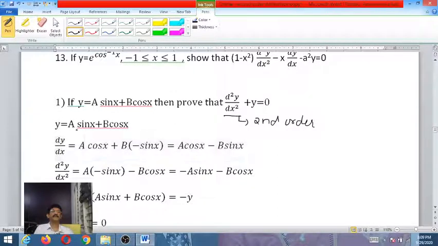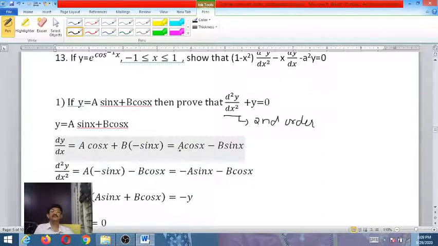Dy by dx equals a keep as it is, sin x derivative is cos x, plus b keep as it is, cos x derivative is minus sin x. So a cos x plus into minus, minus b sin x. Again second derivative d square y by dx square.